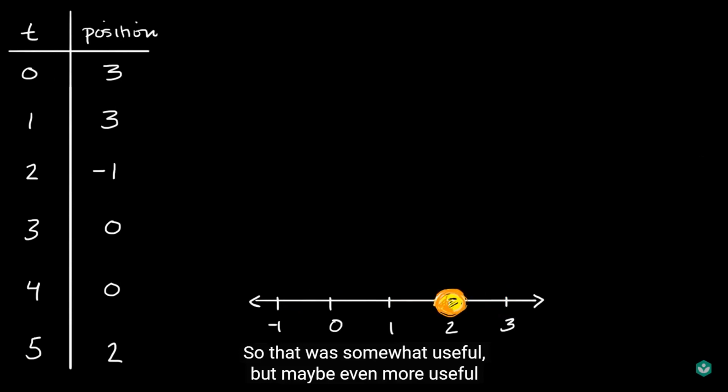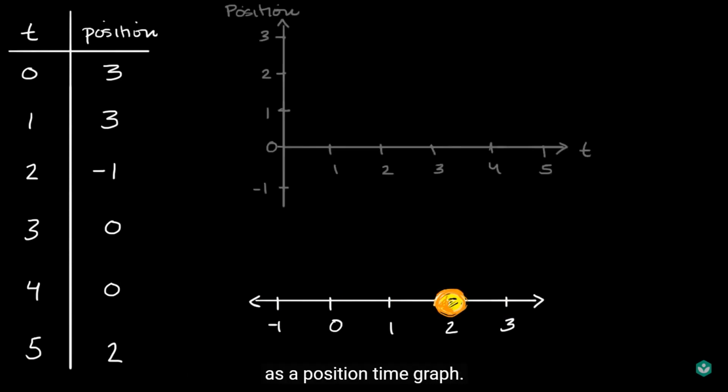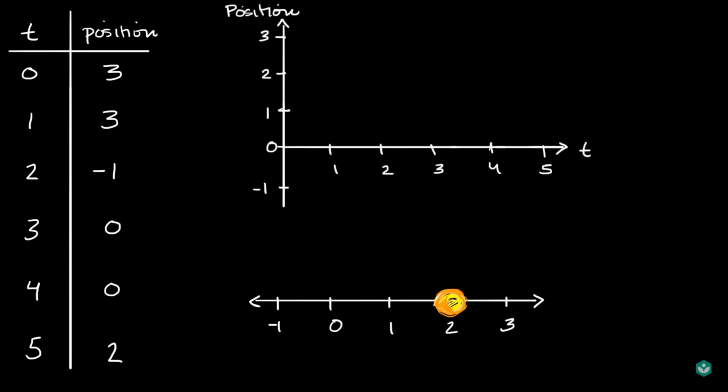But maybe an even more useful thing would be to graph this so that we don't have to keep looking at an animation, and we can just look with our eyes at what happens over time. For that, we can construct what's known as a position time graph. Typically, time is on your horizontal axis and position is on your vertical axis.